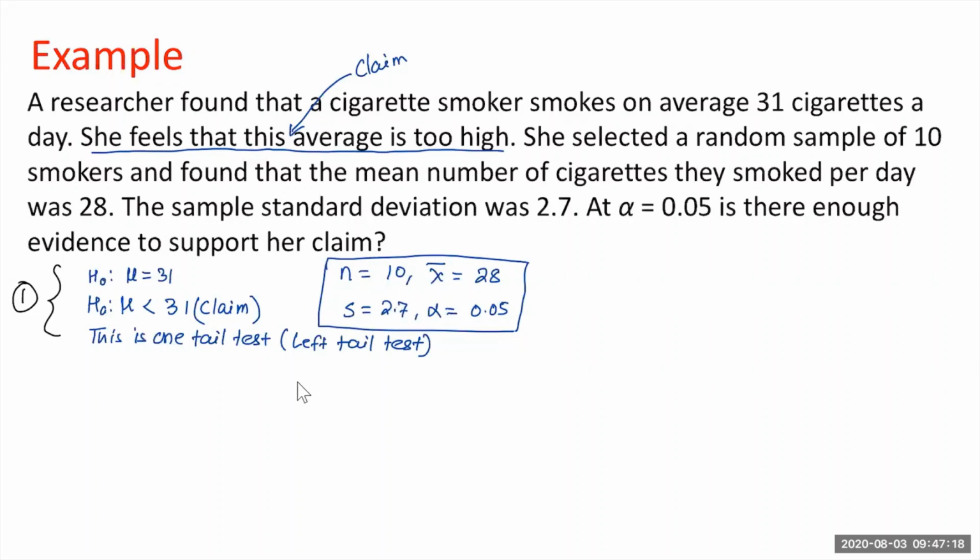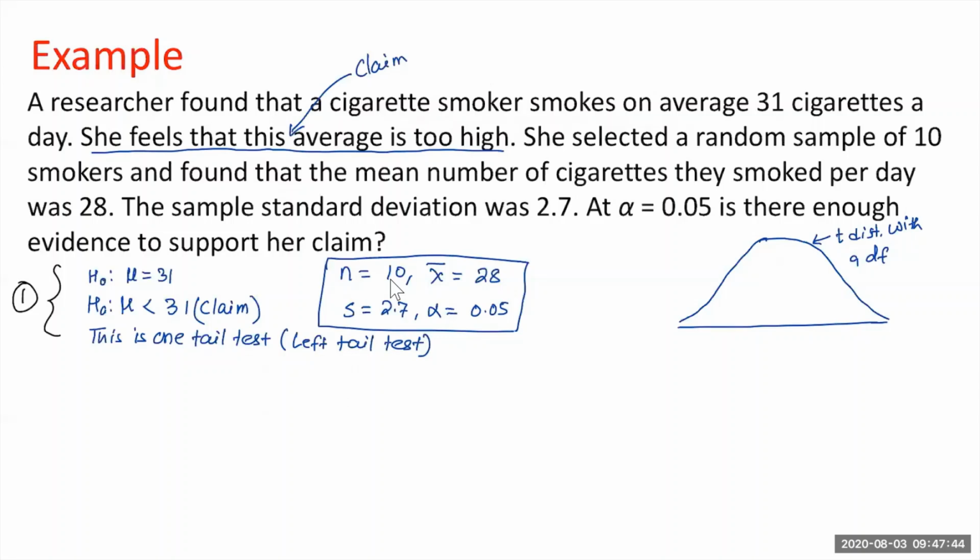That means this must follow the t distribution. So let's draw the t distribution there. Suppose this is my t distribution, with degrees of freedom n minus 1. N is 10. So this is 9 degrees of freedom.